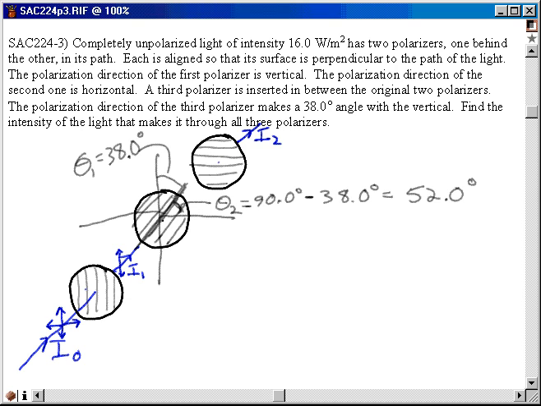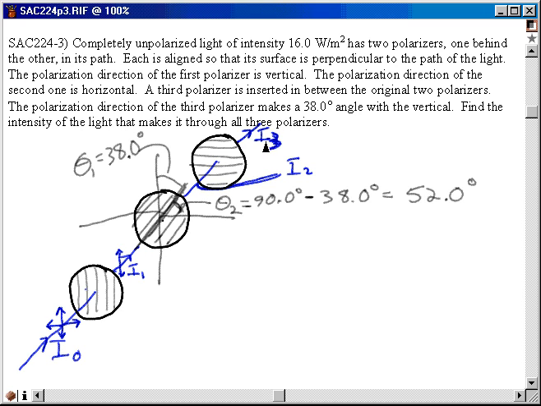But what's wild, you pop that extra one in there, and this intensity goes from 0 to some non-zero value, which we're going to have to calculate. In here, the intensity will be I2, and I think I said I was going to call that one I3, so I should have. That's I3 all the way through. So you pop another polarizer in between the first one and the last one.